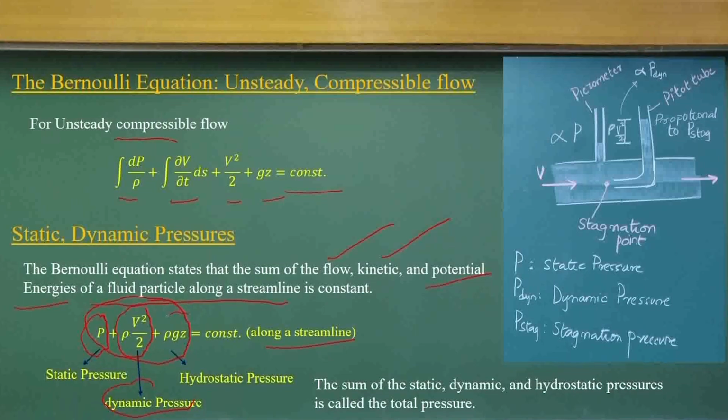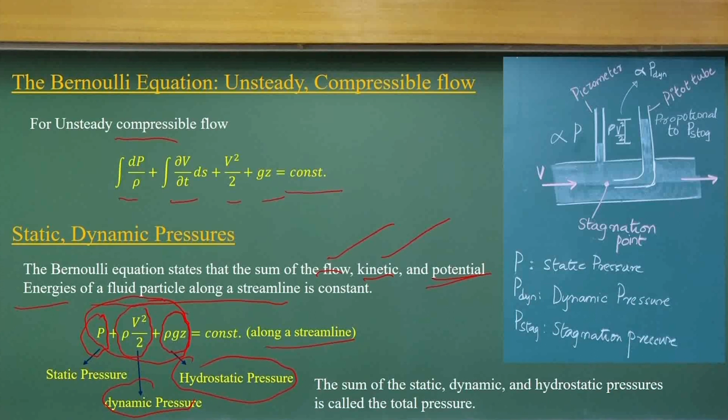And we have rho g h, or rho g z, which is the hydrostatic pressure. So we have three pressure components. In terms of energy, we can define it as the flow energy, kinetic energy and potential energy of a fluid particle along a streamline being constant.